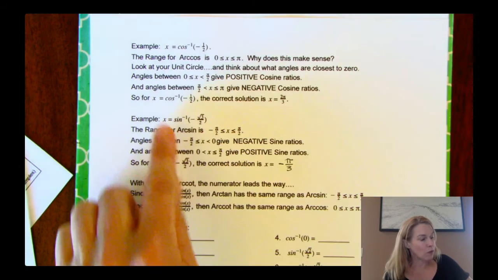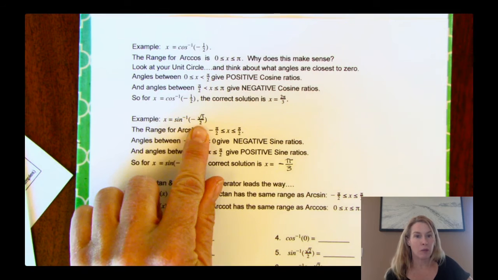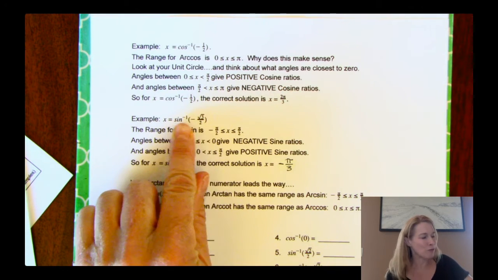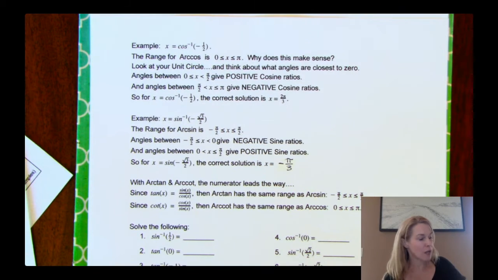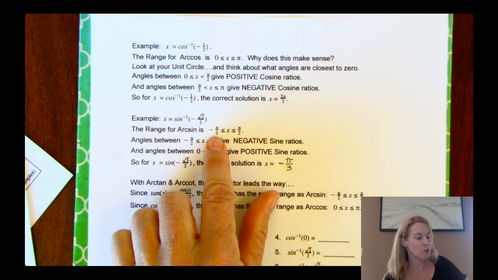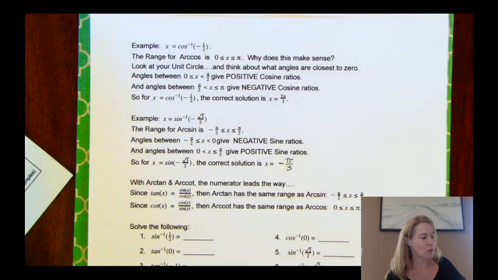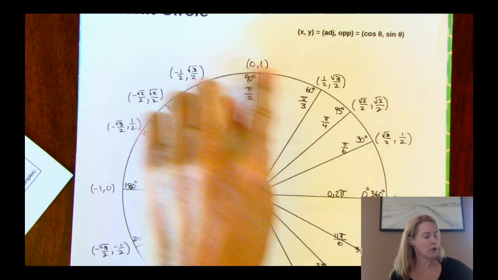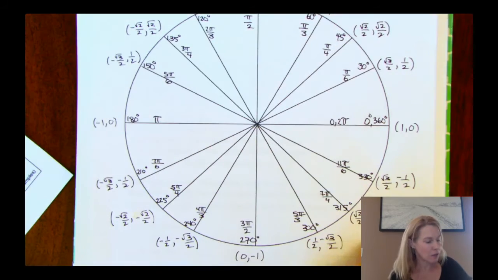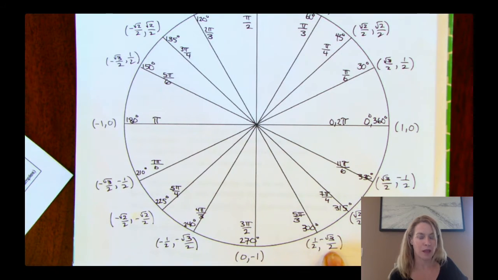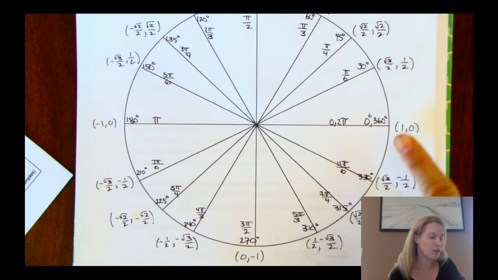Here's another one. We're looking for sine inverse of -√3/2. Remember, our range for arcsine is from -pi/2 to +pi/2. So I'm looking along here, and since I'm looking for -√3/2, it's not going to be up here. It's going to be down here, and look at that, -√3/2. So I have to go backwards.